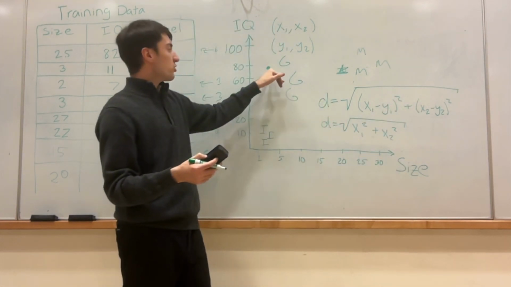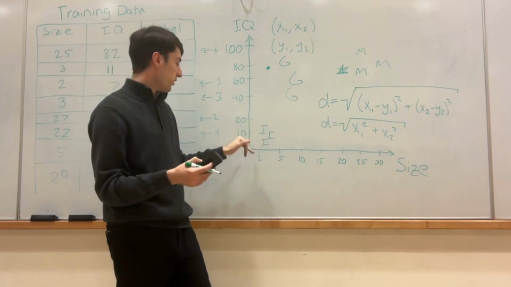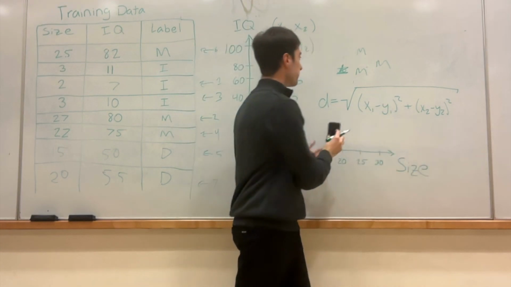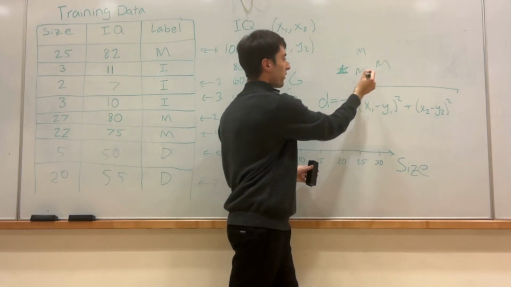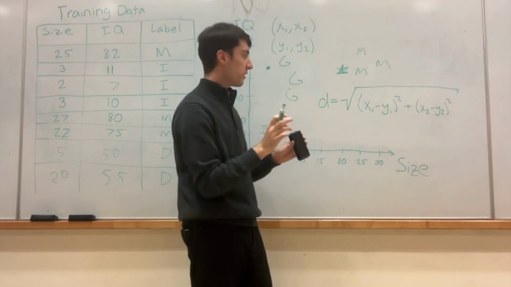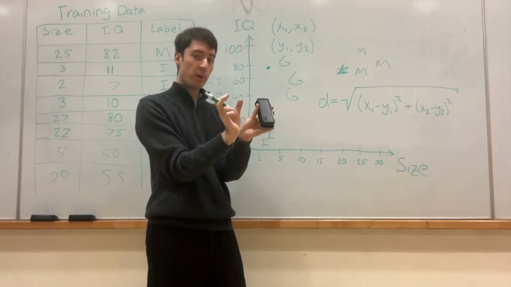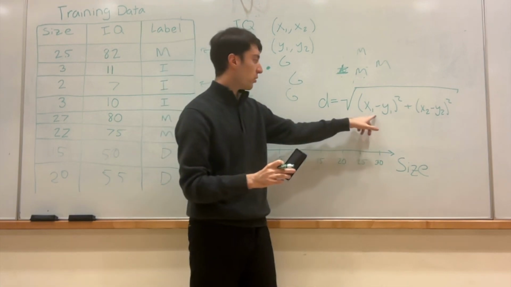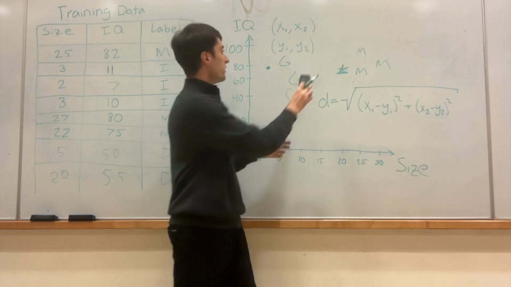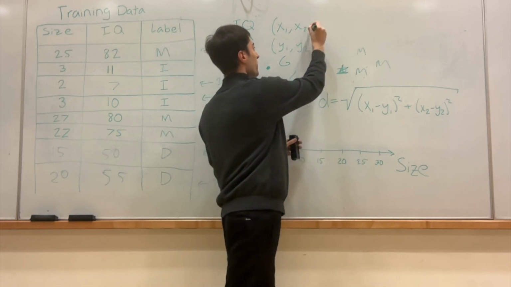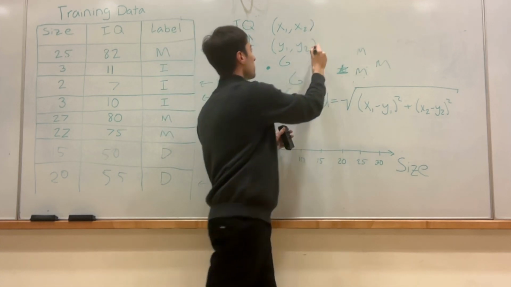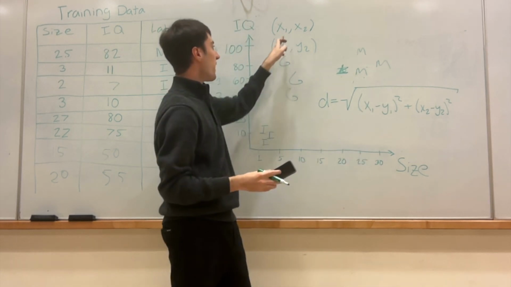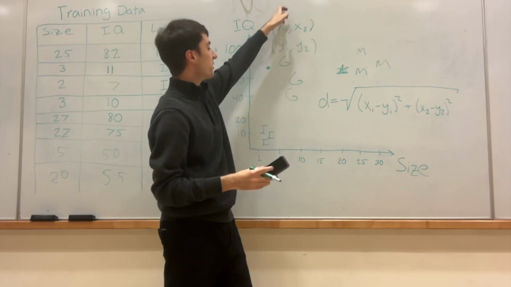But if you're not interested in the distance between the point and the origin, but rather between a point and another point, you have to take the components of the 2 points and subtract them, okay? So we're going to have x1 and y1. They're going to have one component, which in this case is size.